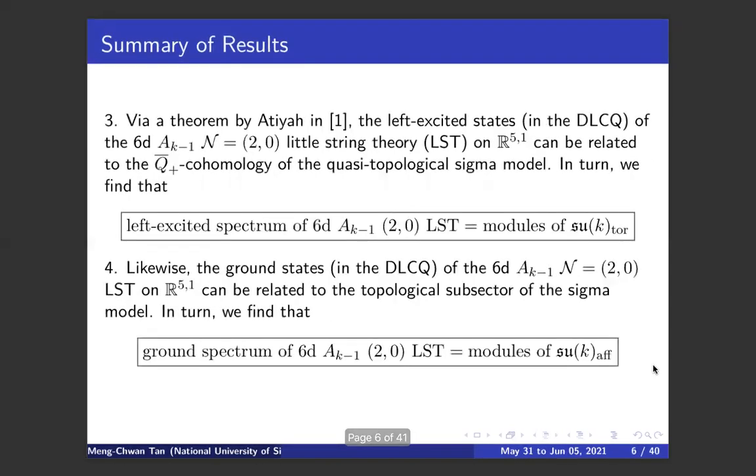Okay, so this is just the physical intuition of how we got the results. Then we go on to use a very, very nice theorem by Atiyah, which relates instantons on R4 with holomorphic maps of CP1 into omega SUK. How that theorem was proved is, roughly, you have instantons, which are topological configurations on R4.